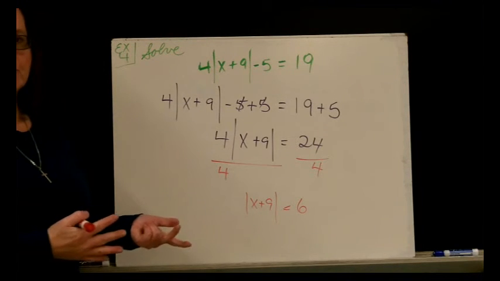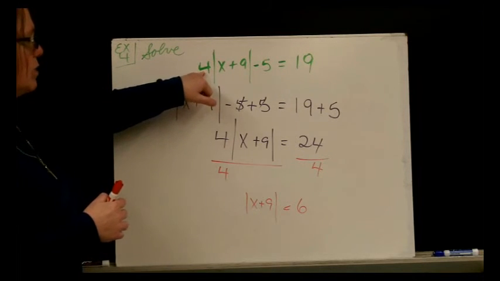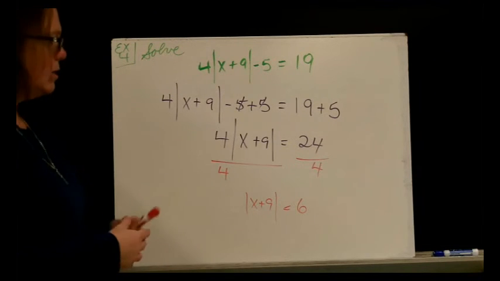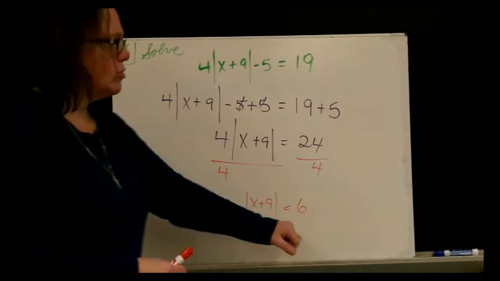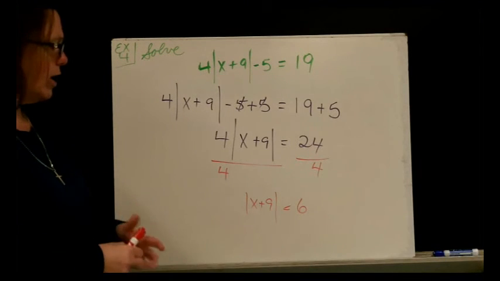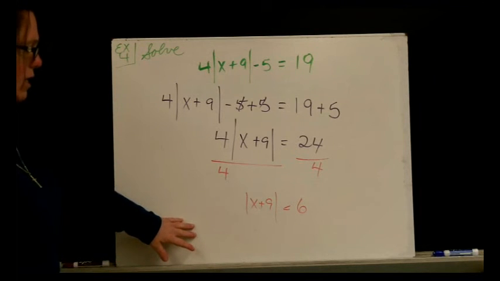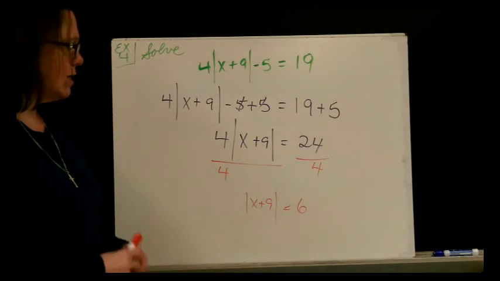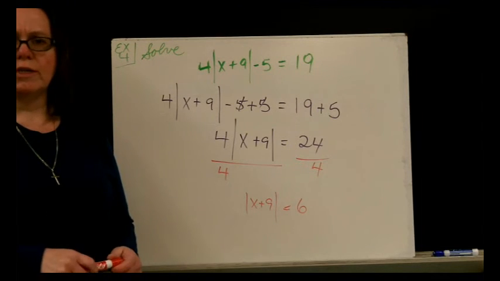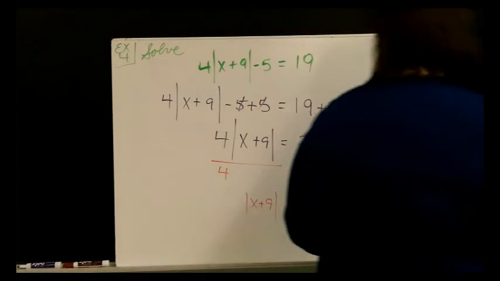Now that we have our absolute value expression by itself, meaning without its coefficient and without its constant, we can go ahead and make this into two separate equations the way that we've been doing, and solve for the two values of x. First, it will be x plus 9 equals positive 6, and secondly, x plus 9 equals negative 6. And again, I want you to jot down and figure out those answers on your own.